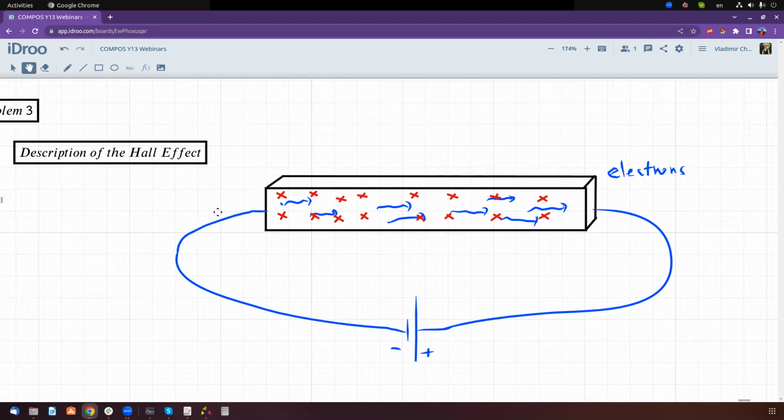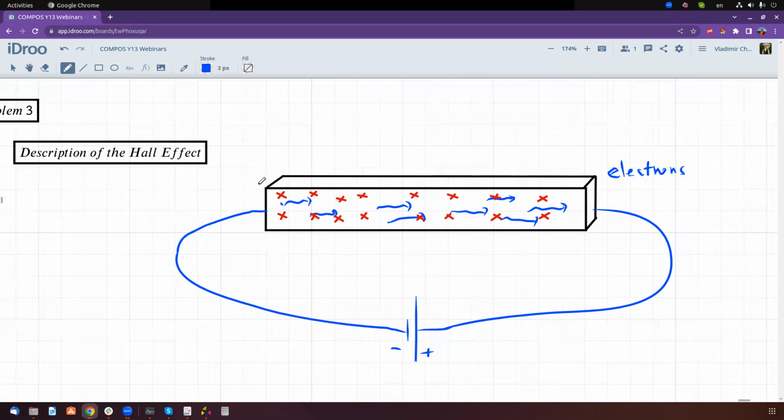They would go down. Use the left-hand rule, right? So they would be drawn down.